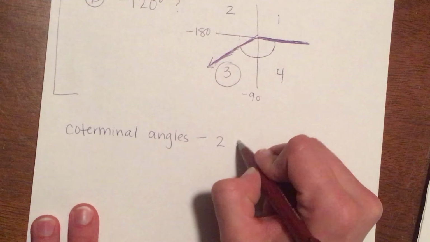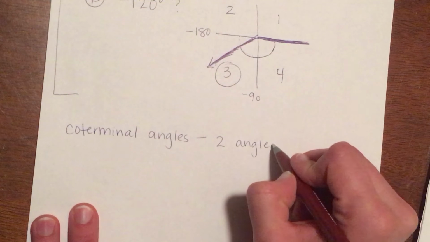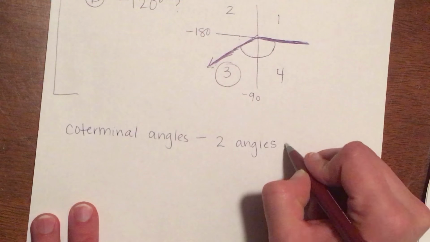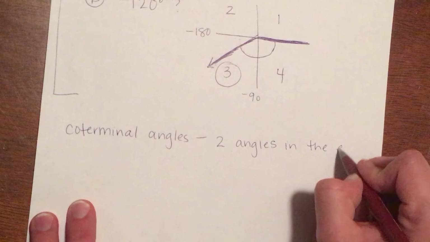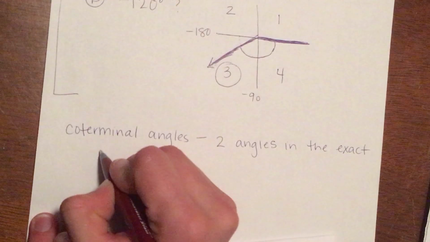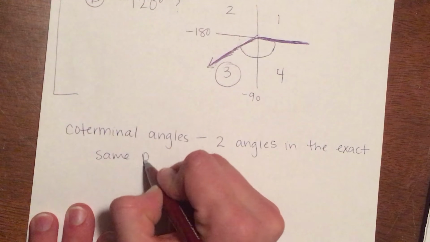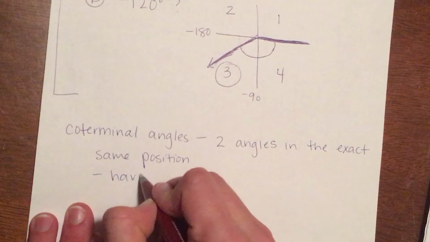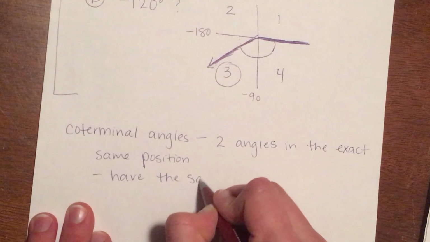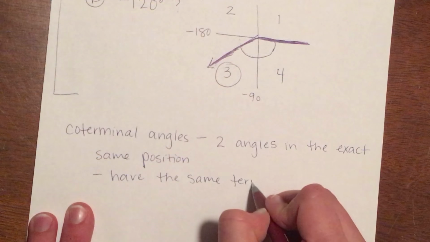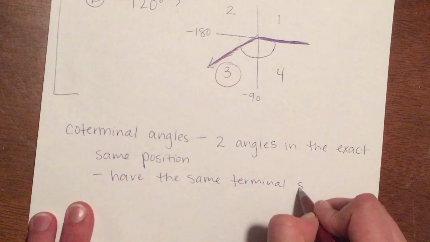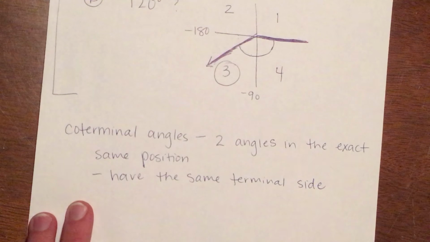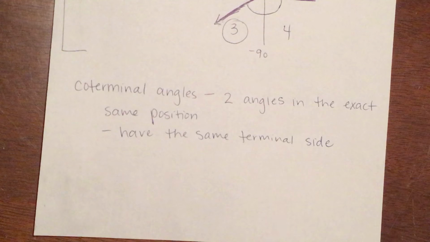I guess it can be more than two angles, but angles in the exact same position. They have the same terminal side, but they have different measurements.